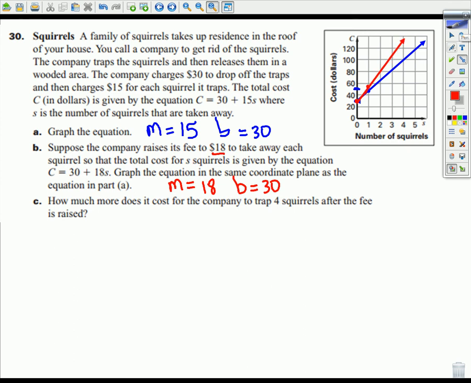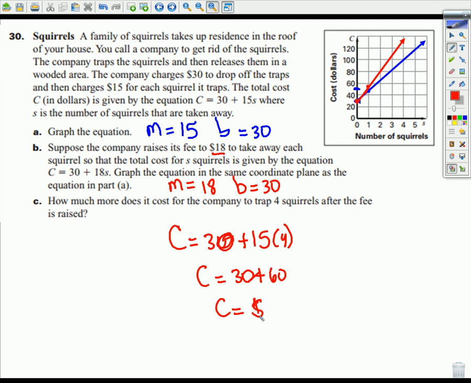And then it says, how much more does it cost for the company to trap 4 squirrels after the fee is raised? Well, the cost for the original one is $30 plus 15 times 4 squirrels, or 30 plus 60. So it's going to cost $90 with the original fee.